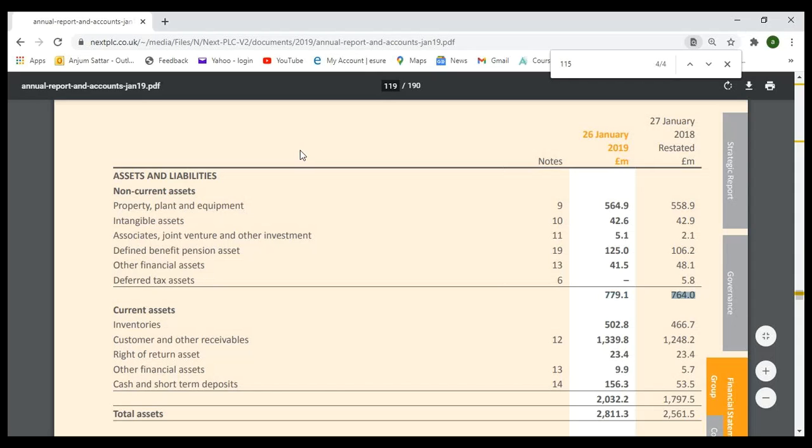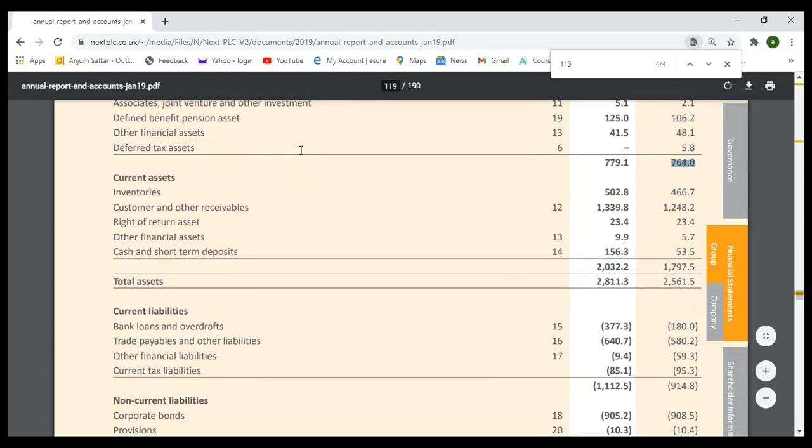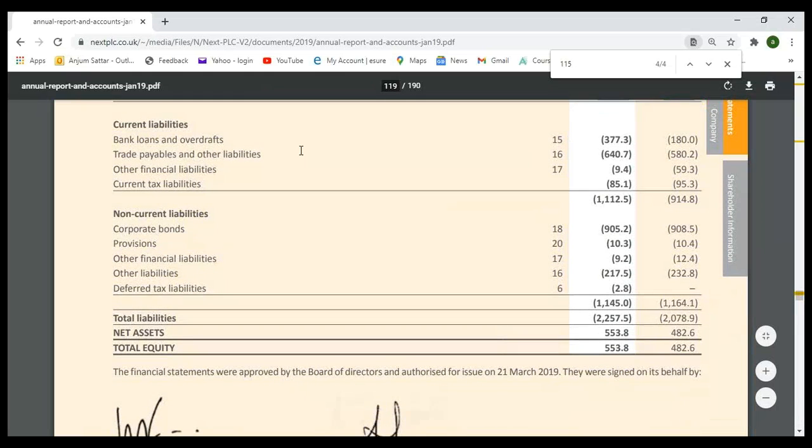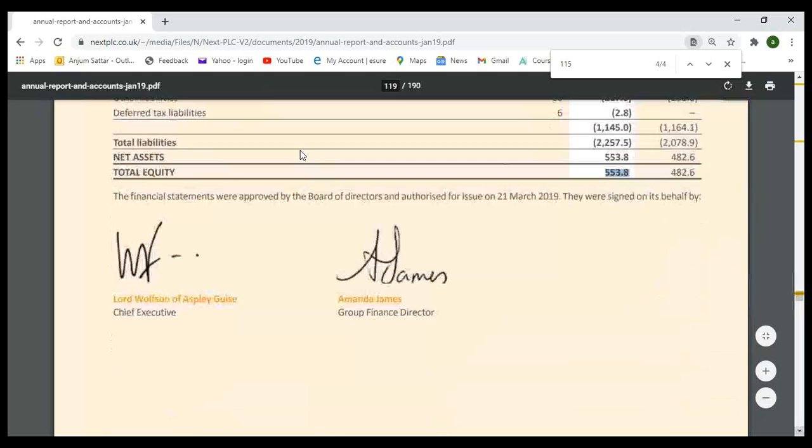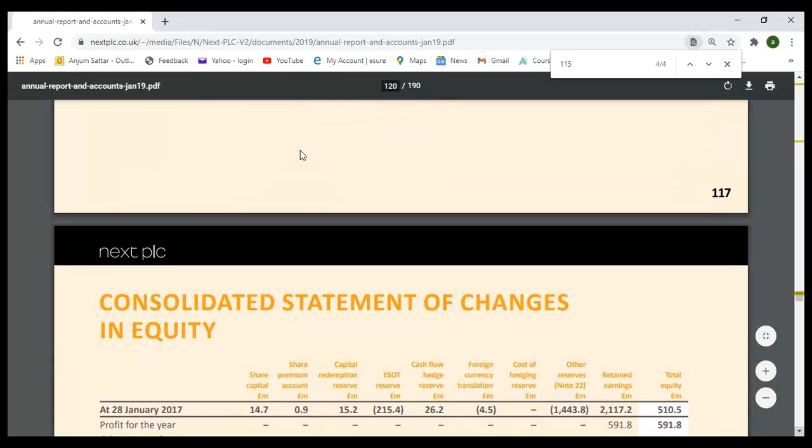Then we have current assets, last year and this year, it went up. What happened to total assets, total liabilities, and total equity? You will see their net asset figure is equal to the equity figure. Okay, that's the balance sheet.